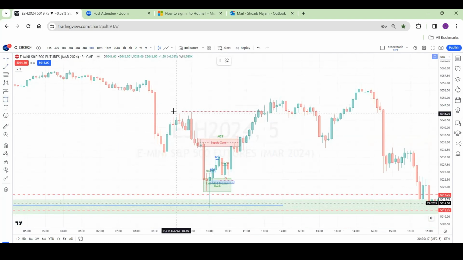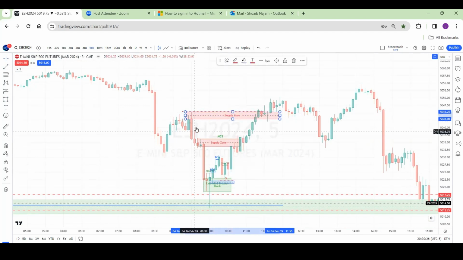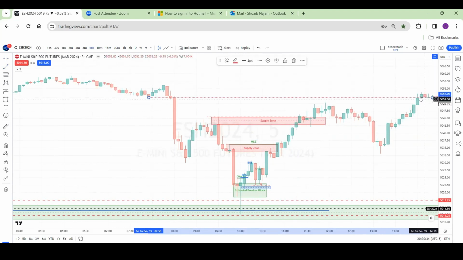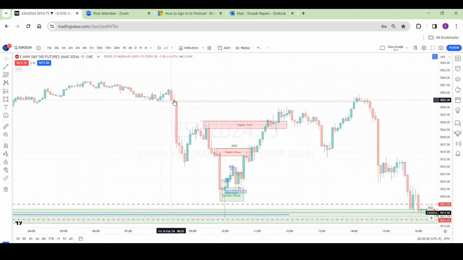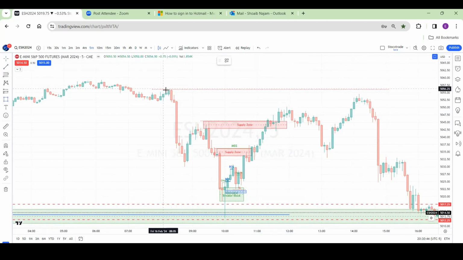Because this is a 5 minute chart, just mark this wick as the supply zone. After that, the market will go to fill this liquidity, because this was the low. Or it's better to mark this high. The market will go to fill this liquidity. It didn't fill that, but it filled the supply liquidity.